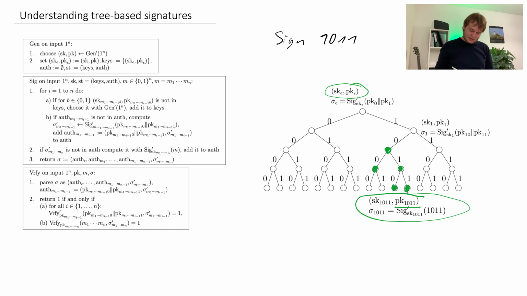Good, and then this goes on. So again, we need to generate this key pair to authenticate the 10 node. Then in order for this to work, we also need to have its sibling to generate the signature. And then we go to the top. That node we already have the public key. And both of the children need to be generated too.